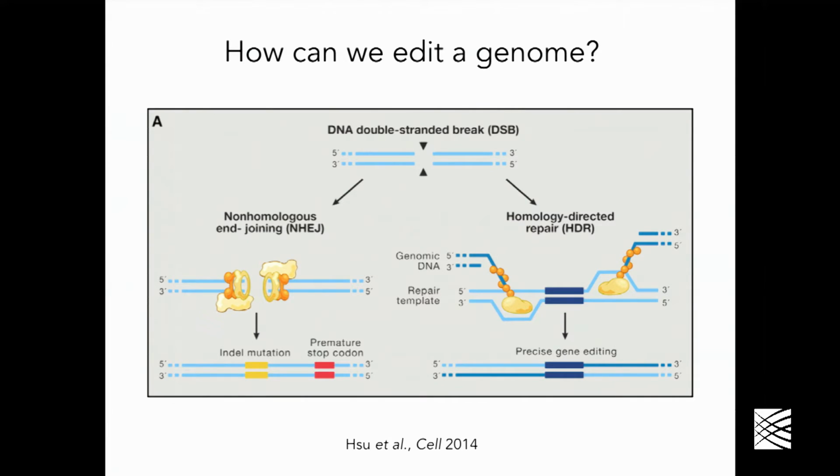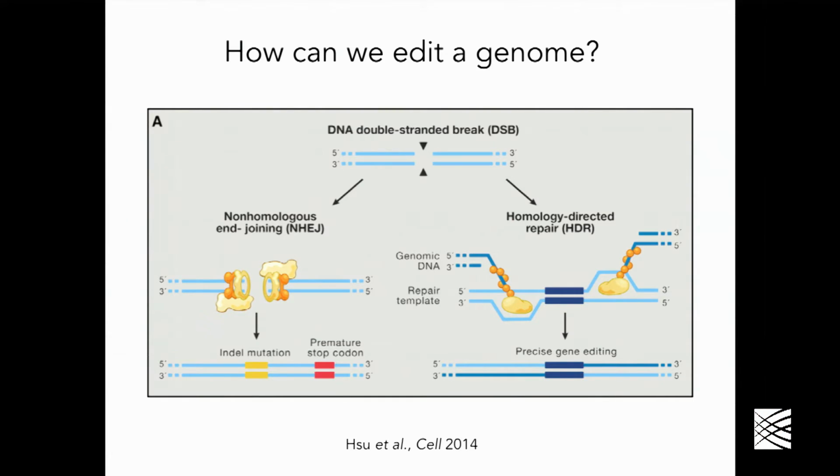There are two main pathways for repairing a double-strand break. The predominant pathway is NHEJ, which stands for non-homologous end joining, a process in which a double-strand break is ligated back together. However, it's often very error-prone and can result in insertion or deletion mutations, or indels.